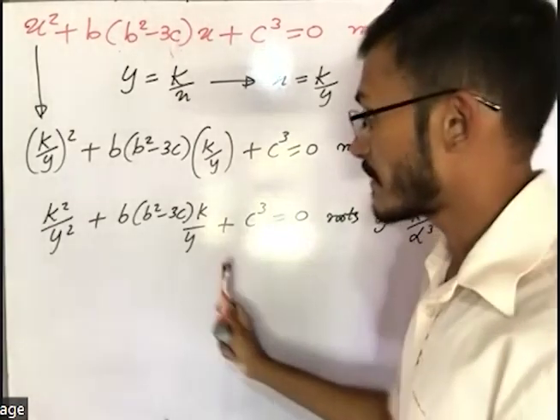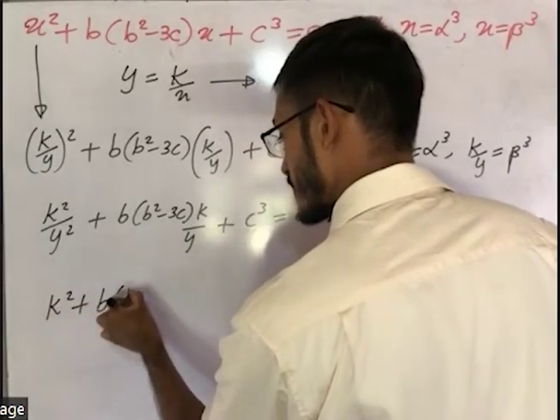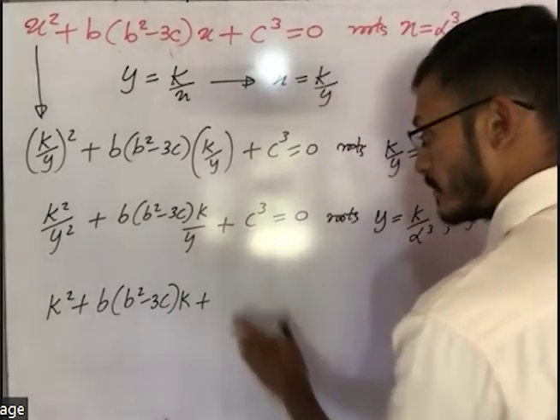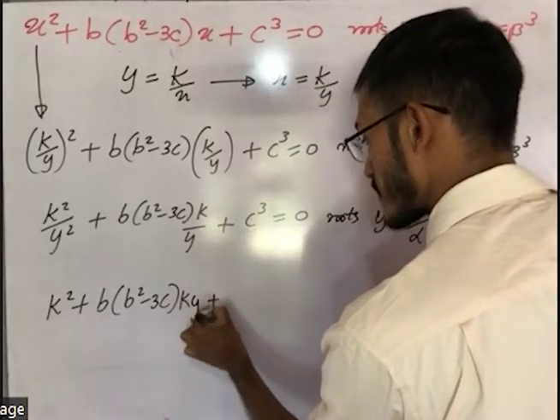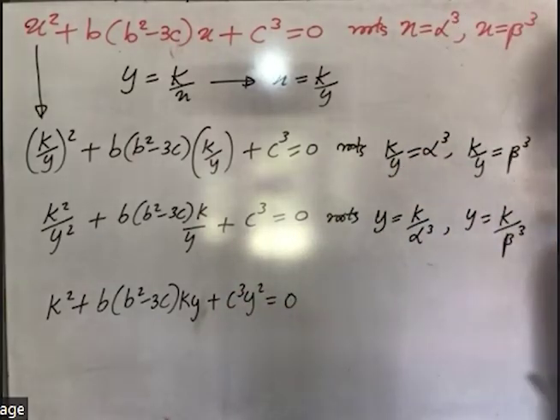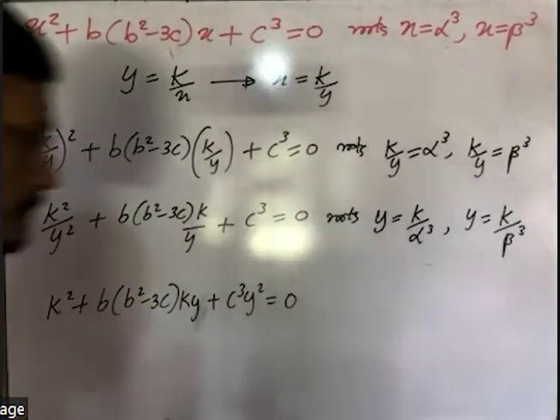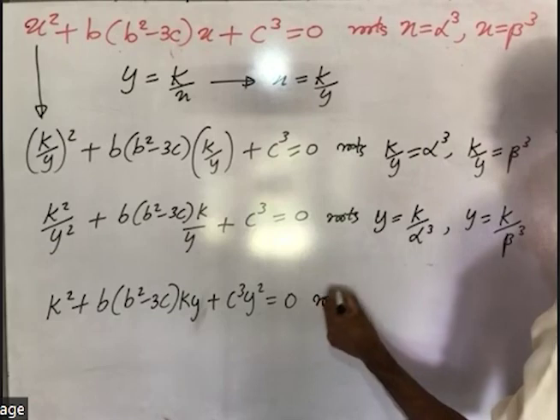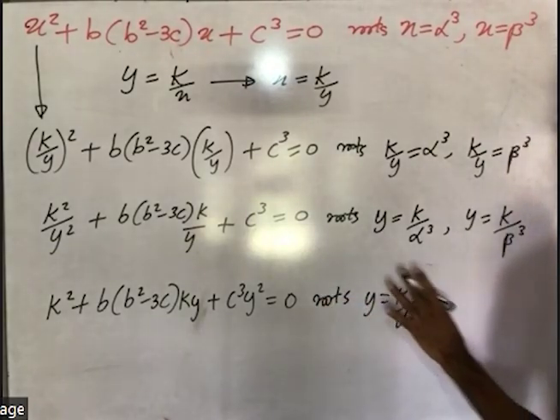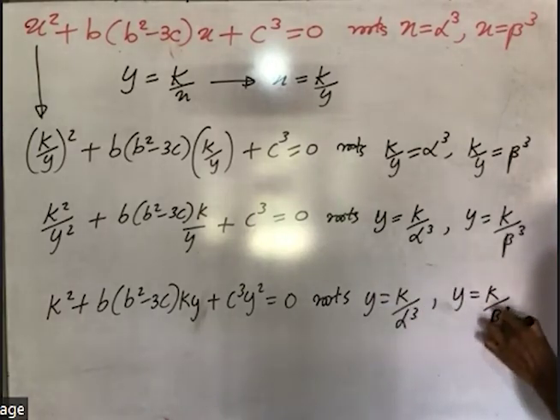Now multiply both sides by y square. Then you will get k square plus b square minus 3c into k y plus c to the power 3 y square equal to 0. So here you can write down the roots: y equal to k over alpha to the power 3, comma y equal to k over beta to the power 3.